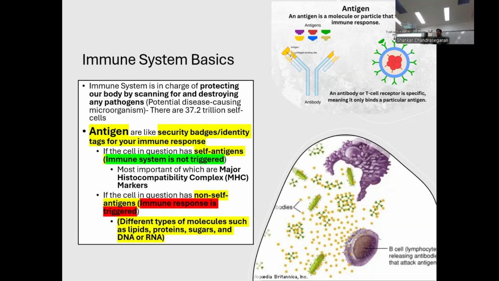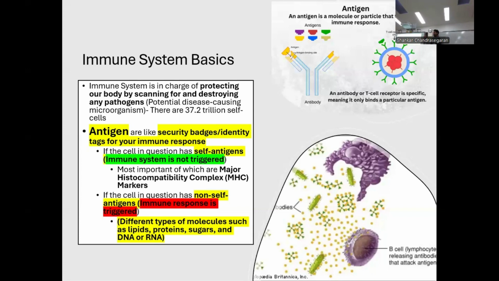Then the second part is the non-self antigen. Anything that invades your body, be that a virus or a bacteria, will have non-self antigens. In this context, antigens can also be different types of molecules such as lipids, proteins, sugars, or DNA or RNA, so a lot of the things that are either a product of the pathogen, something it releases, or something released as a result of it getting killed.